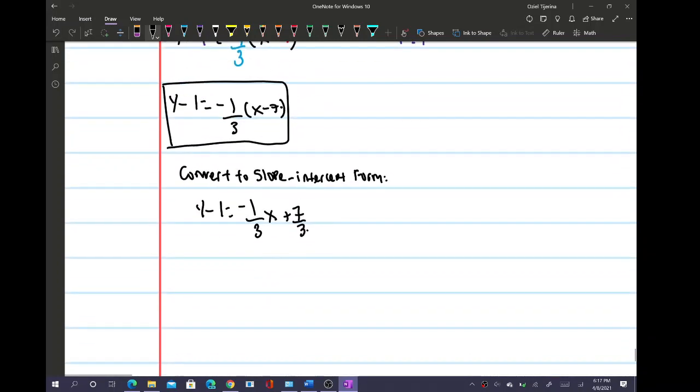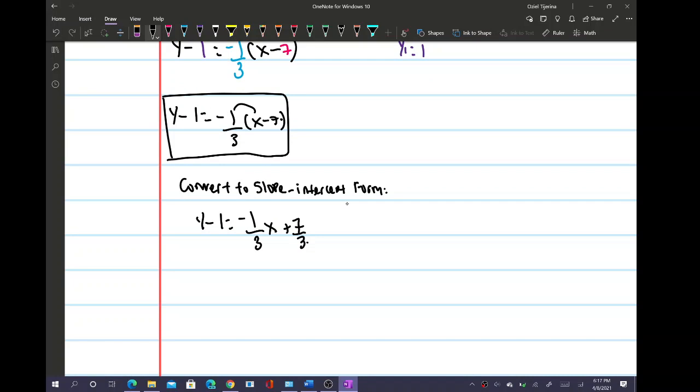Then you would add 1 on both sides. Now you would have y equals negative 1/3 x plus 7/3 plus 1.